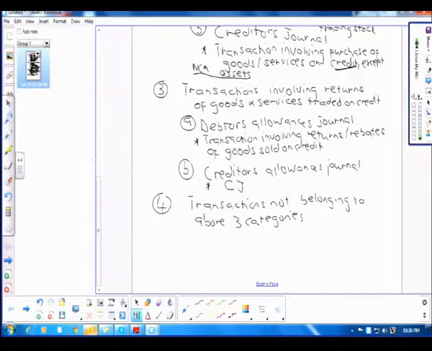Where do we take them? We take them to a journal called the general journal. If the transaction doesn't fall within the above 3 categories, we take it to the general journal. That's why we use the word general. It's not specific. Anything that does not fit in these 3 categories must come here.